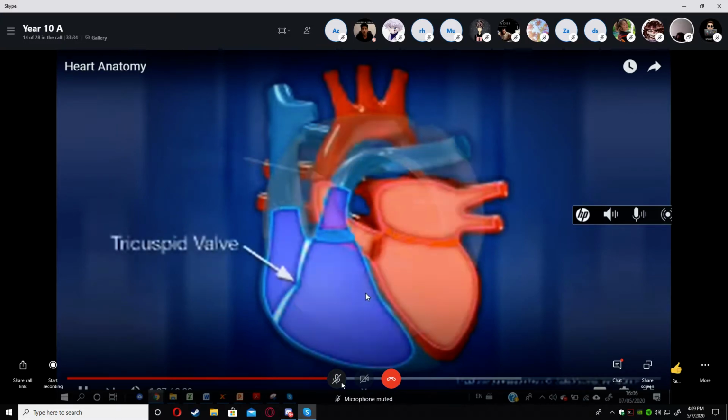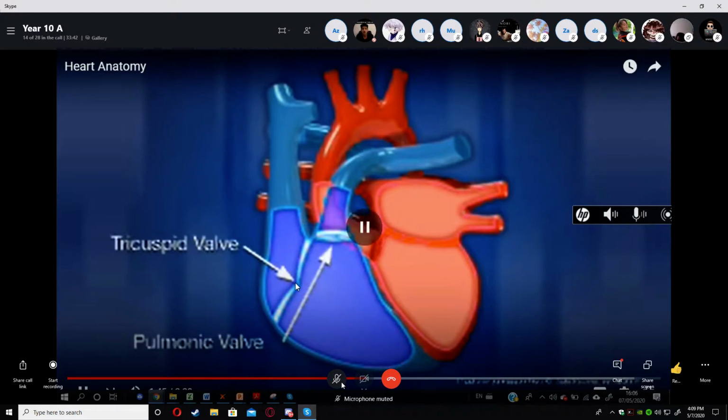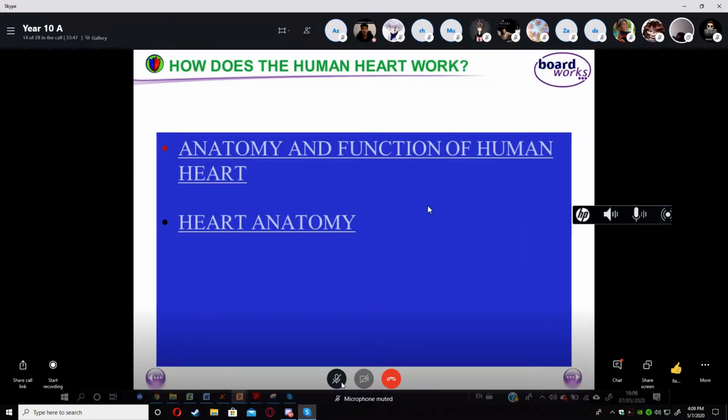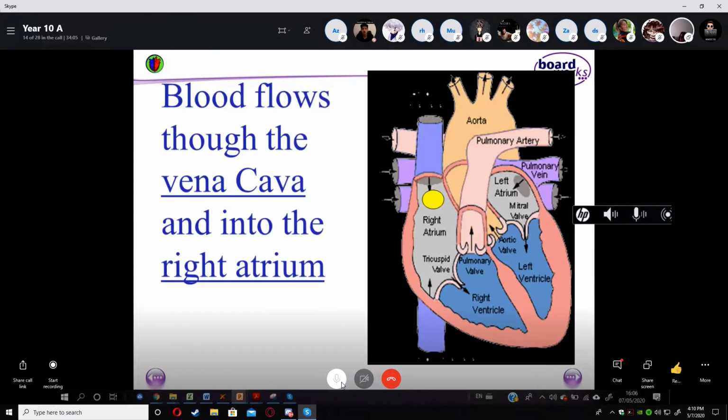The bicuspid will again have 2 flaps of tissue. When you get this slide, go through the whole video, but I just wanted to show you how the tricuspid valve looks. What do I mean by 3 flaps of tissue? Clear? Do you understand how the tricuspid valve looks?